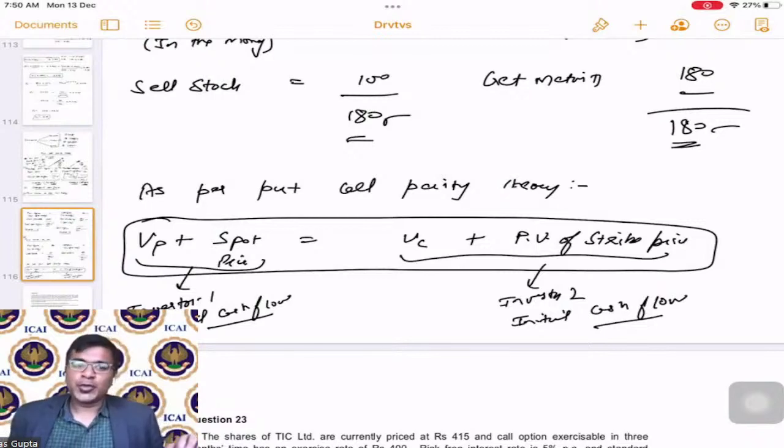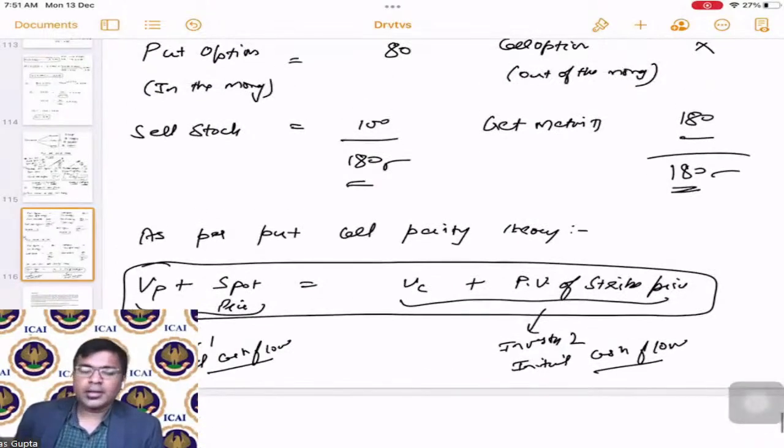Students, I cannot see any questions or any doubts. Please post anything if you have any question or any doubt related to the derivatives concepts that we are studying. Please ask questions wherever you feel you are stuck.